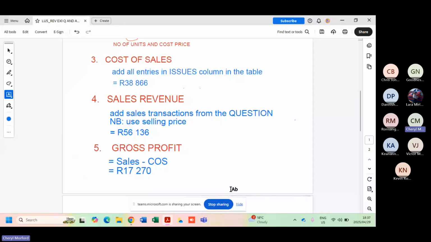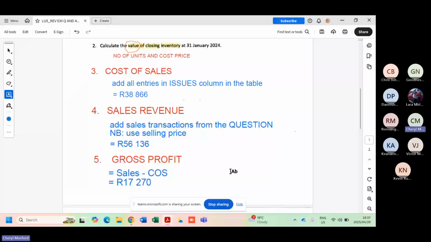So you need to obviously practice some more questions. There are some in the book. I'll tell you which ones those are. And you can also find them on my learning unit overview. So I will give you some revision exercises. This is number 1. There can also be number 2 and number 3, and then some from the textbook.